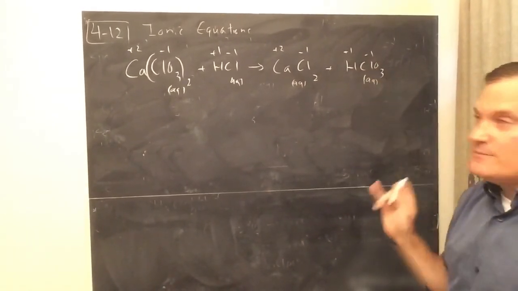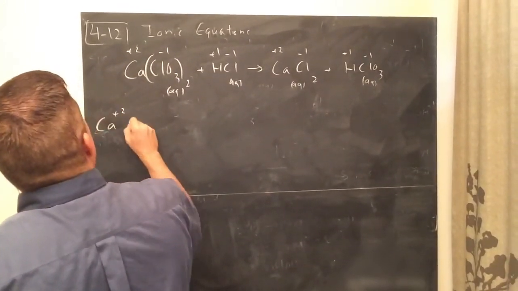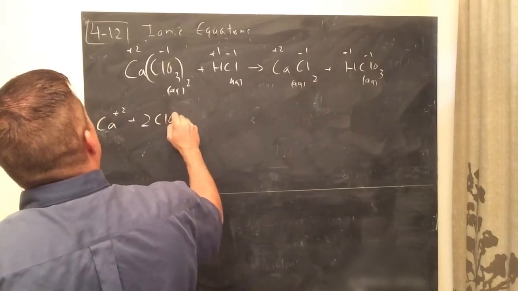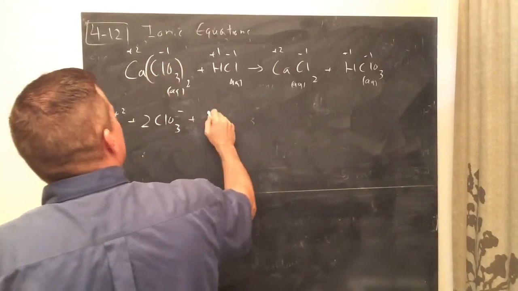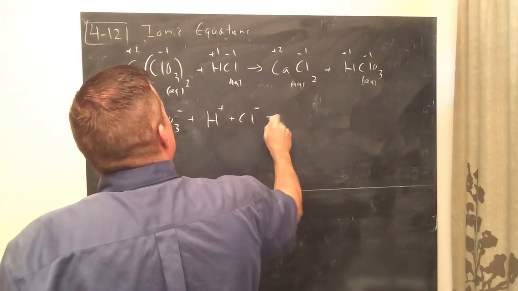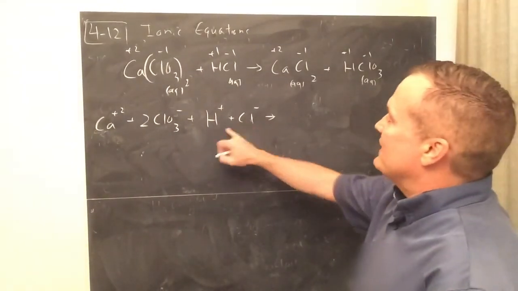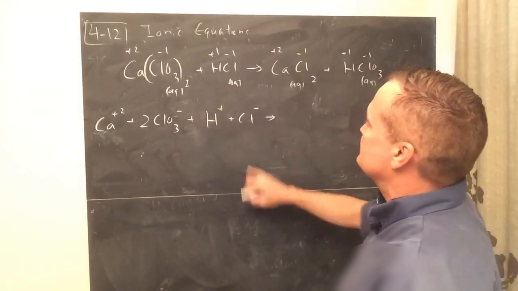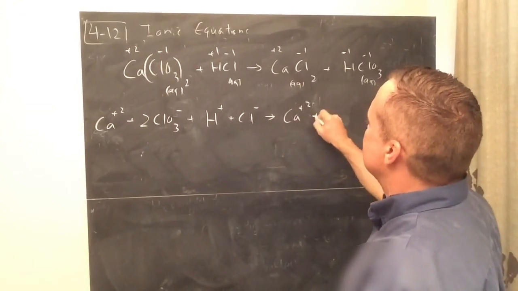All chlorates are soluble. When I write the ionic, Ca plus 2 plus 2 ClO3 negative, that will split up. It's an ionic compound that's soluble. H plus and Cl will break up, because it is a strong acid, and strong acids completely break up. They dissolve, but they also break up into positive and negative ions. Calcium chloride is also soluble, so it will break up.